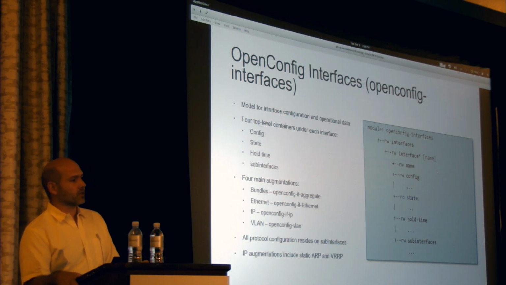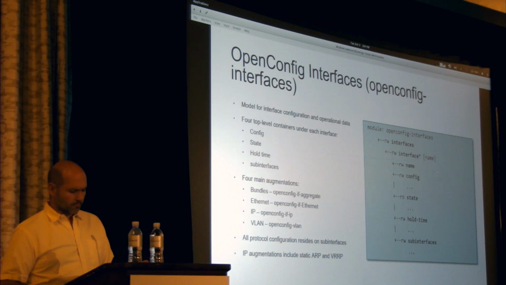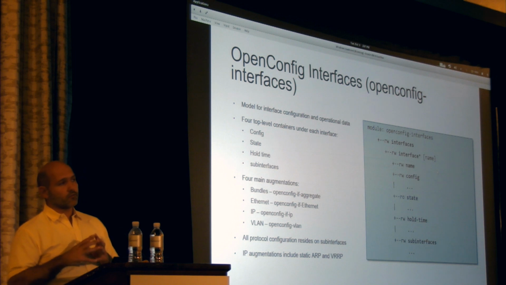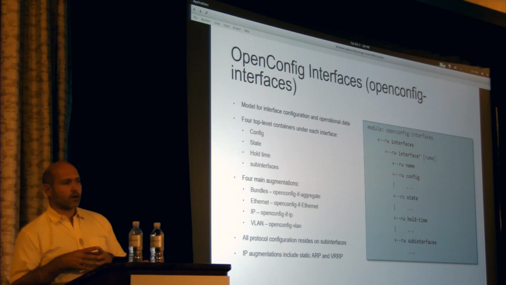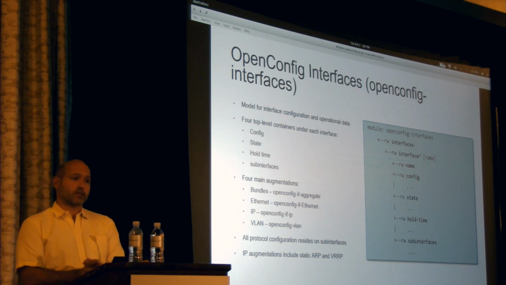In this model, each interface has sub-interfaces in it. If you want to, for instance, configure the IP attributes for an interface, all that IP configuration actually happens on the sub-interface. There's a series of augmentations. If you look at the base OpenConfig interfaces model, you're going to see the structure that I described here.